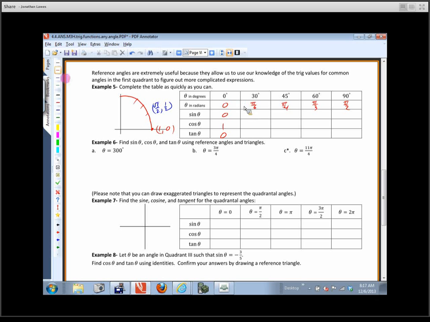If you can do this without drawing a picture, then that's great. What happens when we take the y-coordinate and put it over the x-coordinate? You end up with radical 3 over 3. What about right here?